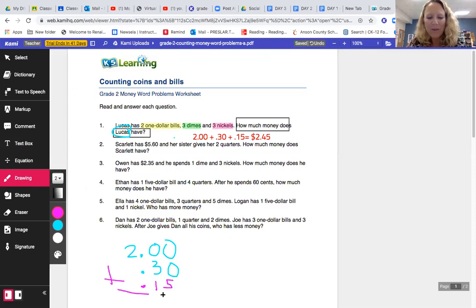But when I show my work, it allows Ms. Pressler, myself, to be able to see if you did miss it, where your mistake was made. So if I don't see your work, I could make an assumption like, oh, they used a calculator, or maybe they did it in their head. And even though mental math is not a terrible thing, at this point, I would like to get to know you and see your mathematical thinking. And when you show me your work, that shows me your mathematical thinking.